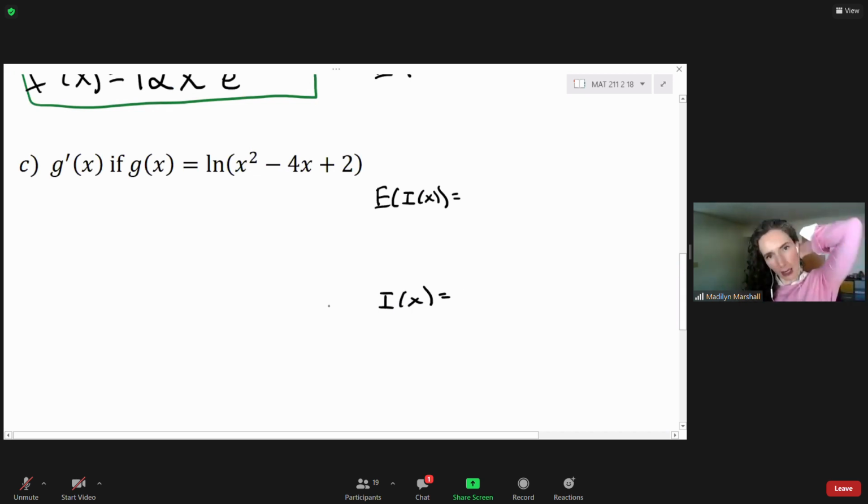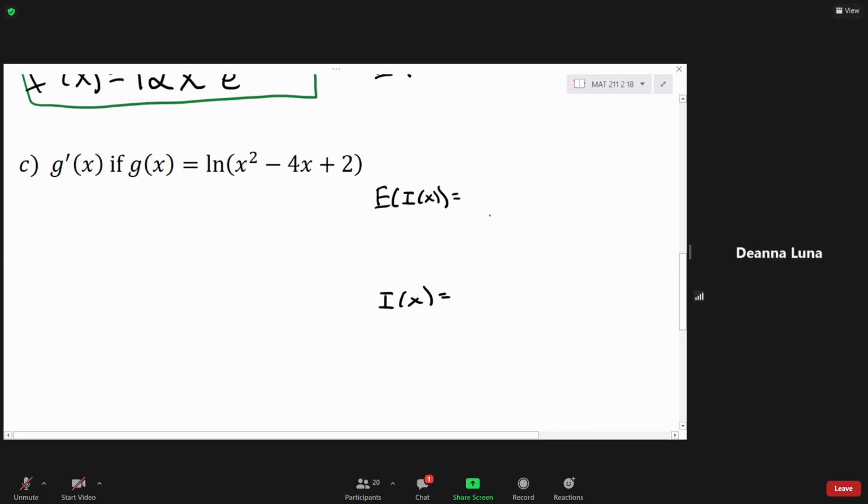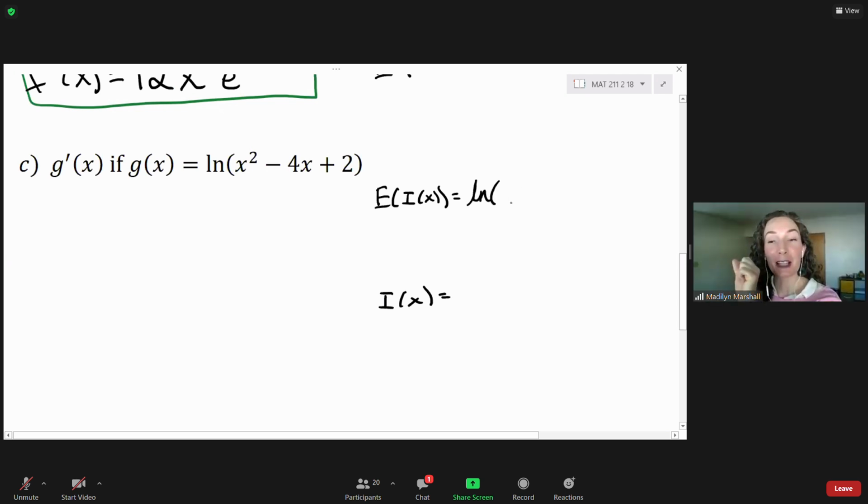So what is the exterior part here? Is it just the natural log of 1 over x? So 1 over x comes when we do the actual derivative. So the exterior part is just the natural log of all of this stuff on the inside of it.